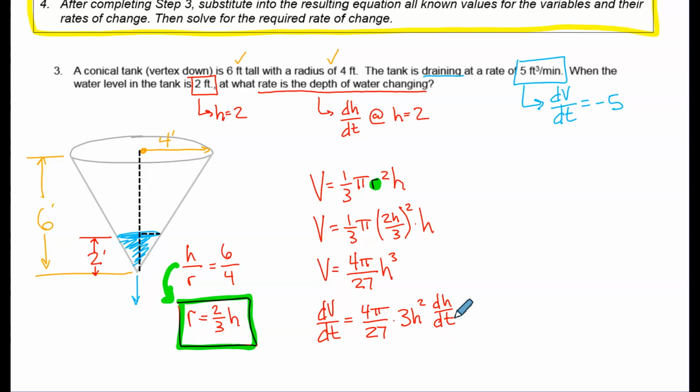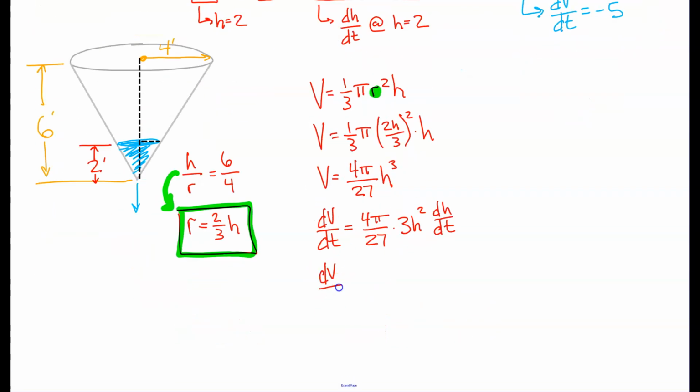Okay, let's go ahead and clean this up just a little bit. dV/dt equals, let's see, I have a 4 pi times 3, all divided by 27. Well, there's a factor of 3 that I could cancel. So that now becomes 4 pi h squared over 9 times dh/dt.